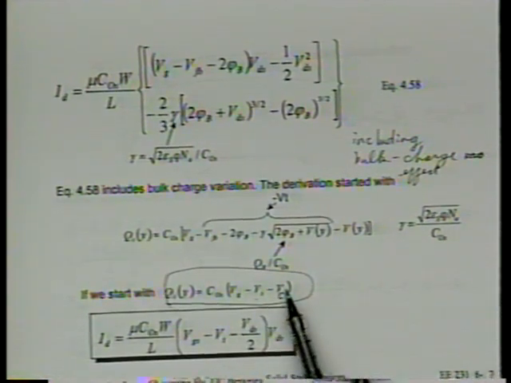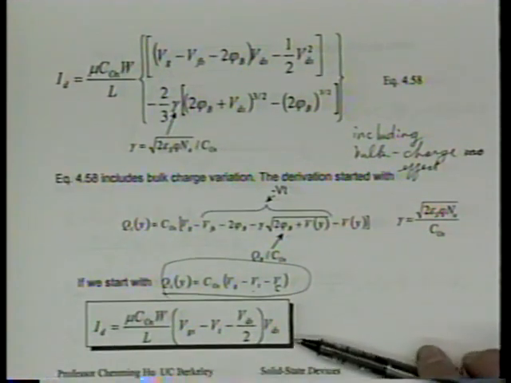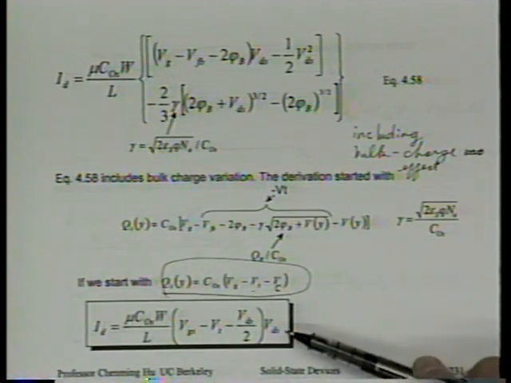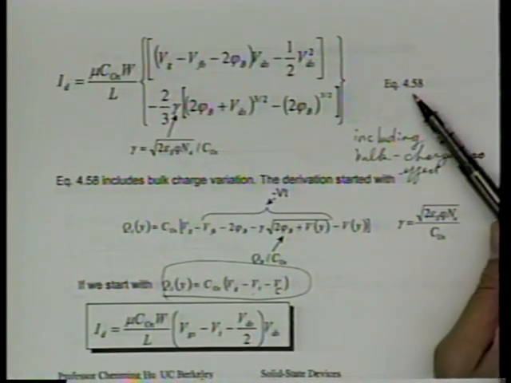If we start with that approximation, then we get an even simpler model. This is the model that I ask you to memorize, and here I put it in the box again. We should memorize that. You can obtain this simpler model from this equation 4.58.